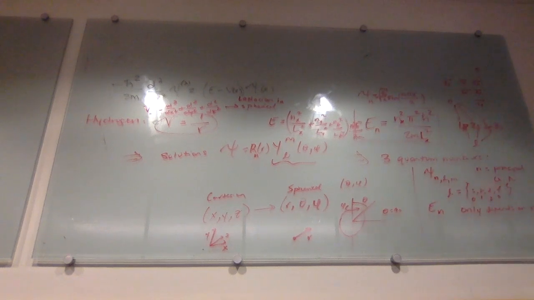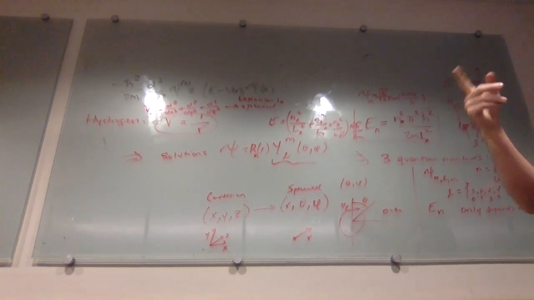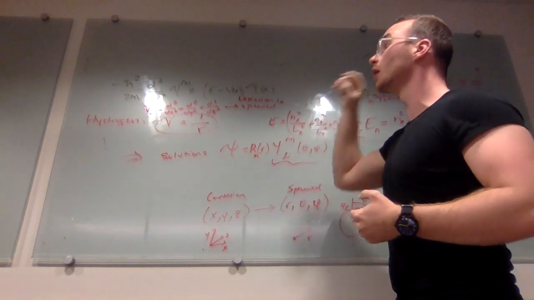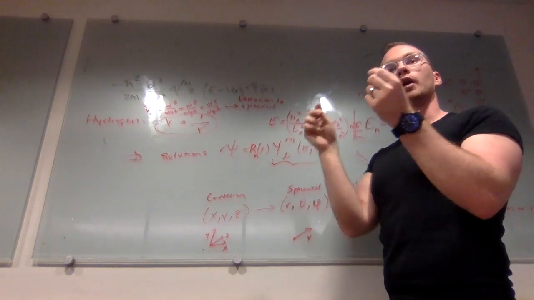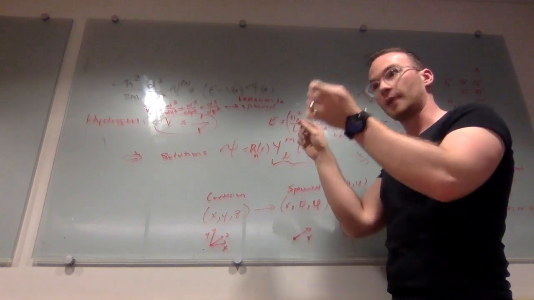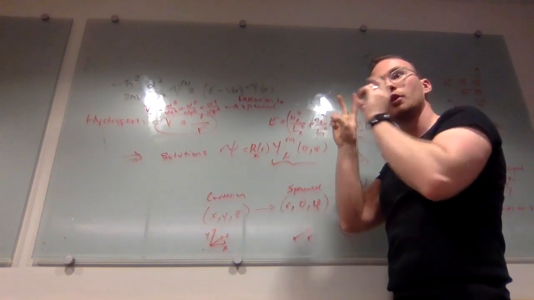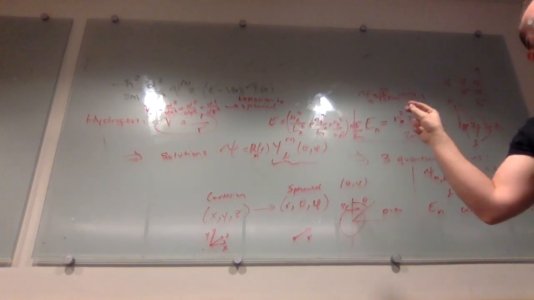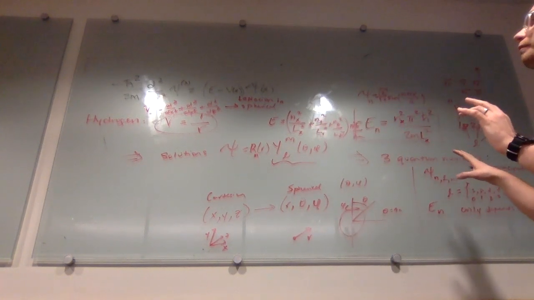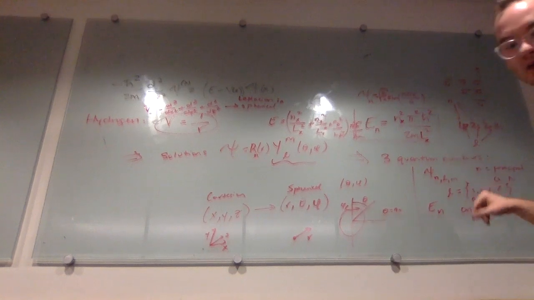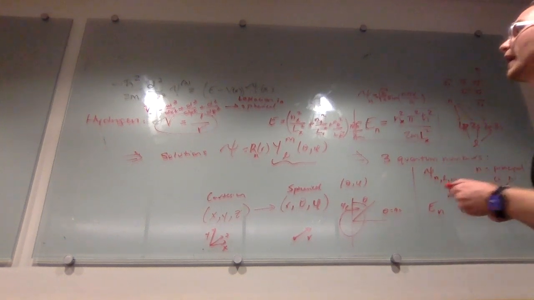And the reason you get that is because you solve the same equation 3 times, and you get 3 separate sine functions. The true wave function is the product of them. You multiply them together. Each of them has its own.